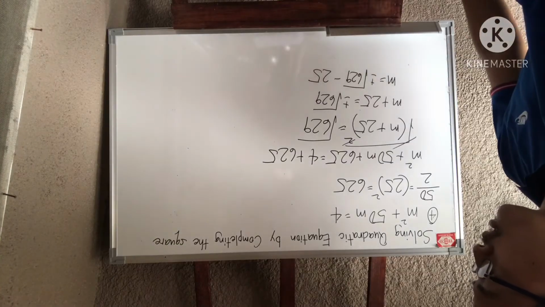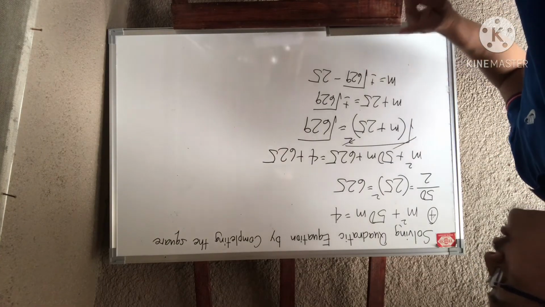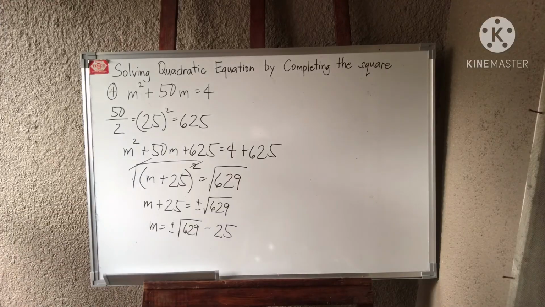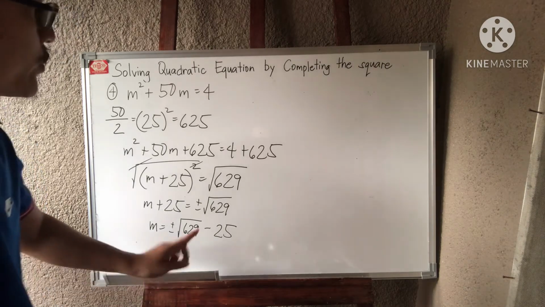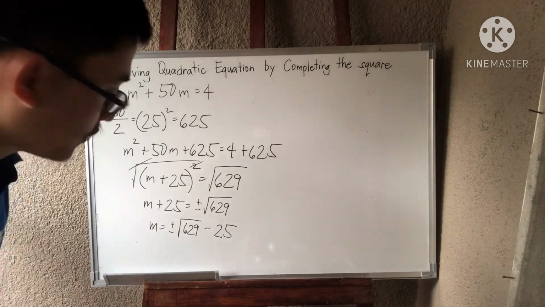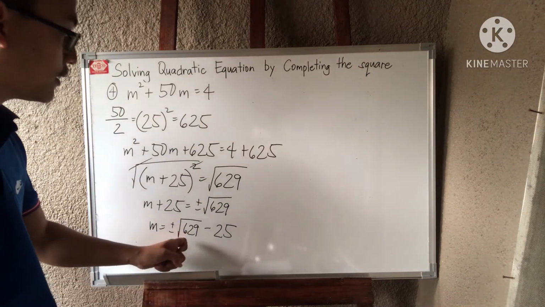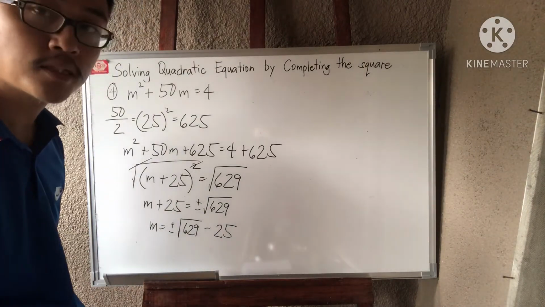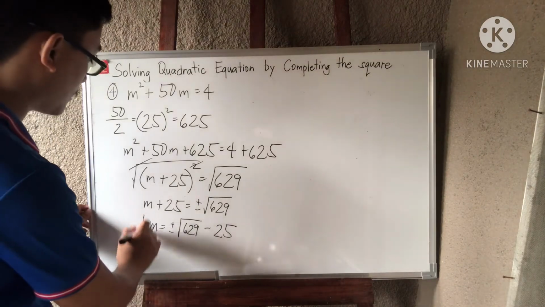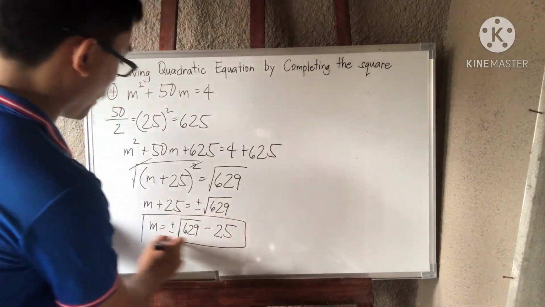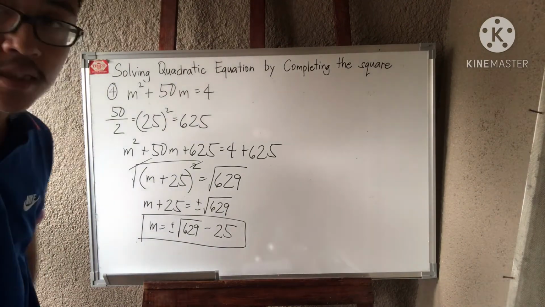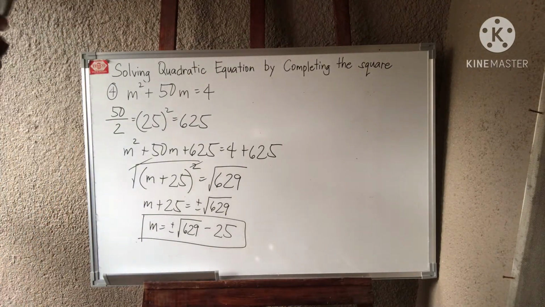Since 629 is not a perfect square number, there's no factors si 629 na may perfect square number, we can leave it as that. Iwan na natin siya as square root of 629. So the final answer is m equals positive negative, square root of 629 minus 25.